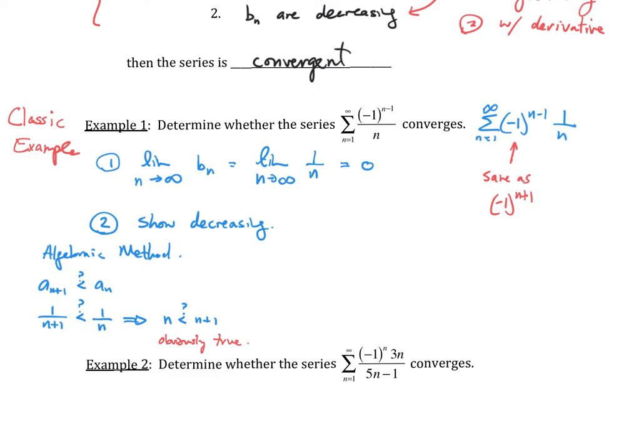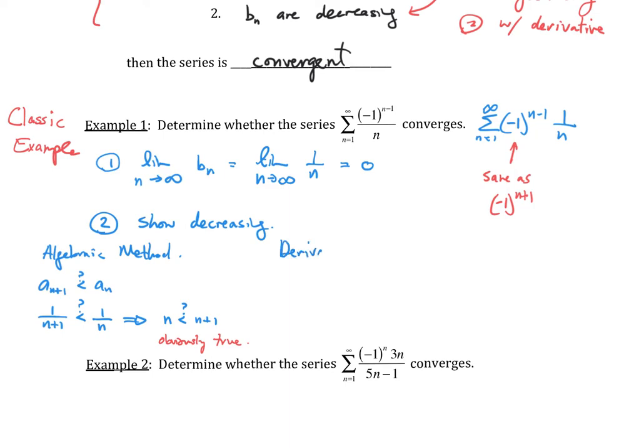Dividing by a bigger number results in a smaller fraction. So I could have stopped there, but I did this cross multiplication thing to make it super obvious. Okay.